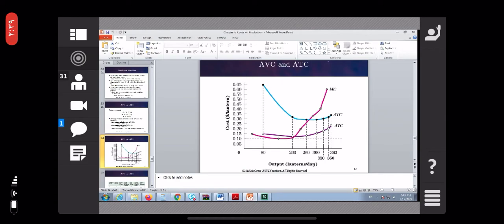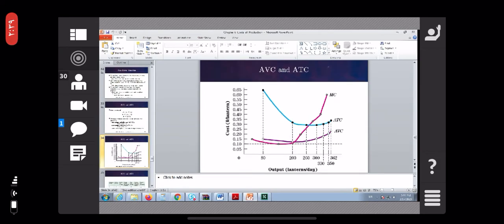The marginal cost is less than the average cost. If the marginal cost is below, you have to go on and continue working.